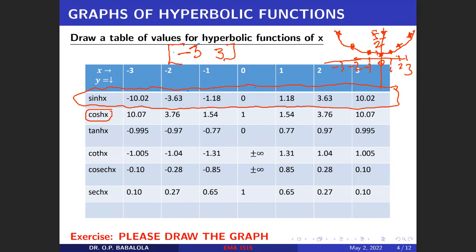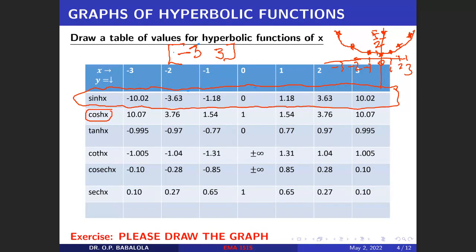And when x is minus 2, the corresponding point is 3.76, not minus, 3.76. When x is minus 1, the corresponding y value is 1.54, which is here. And when x is 0, the corresponding y value is 1.